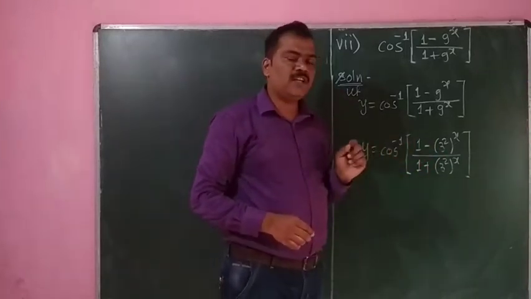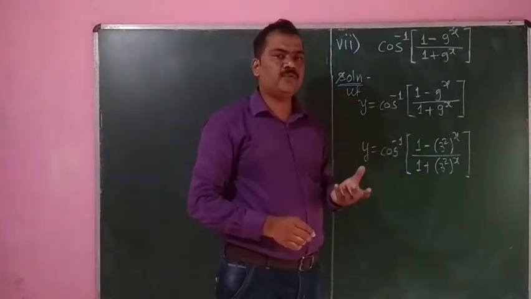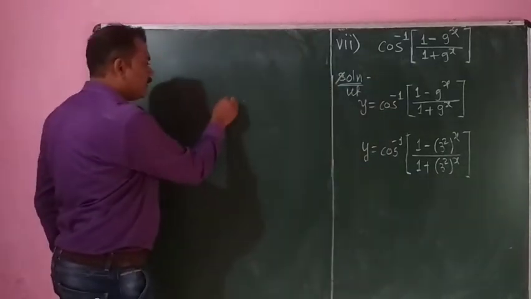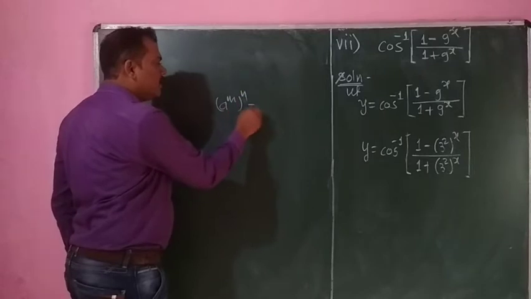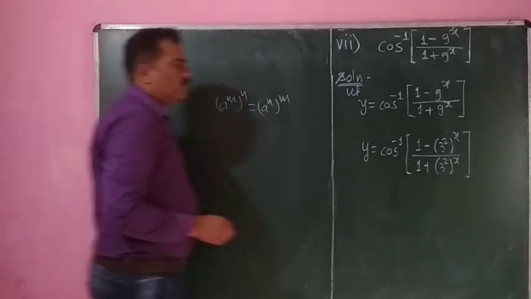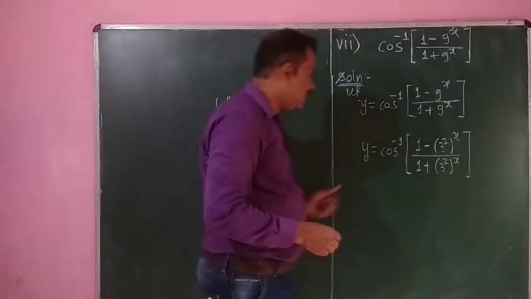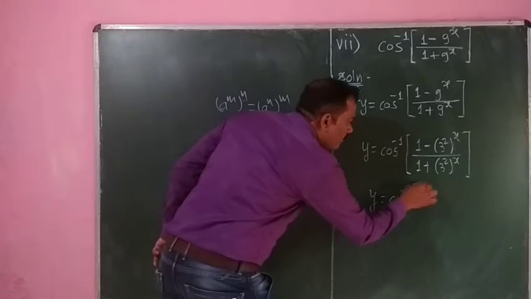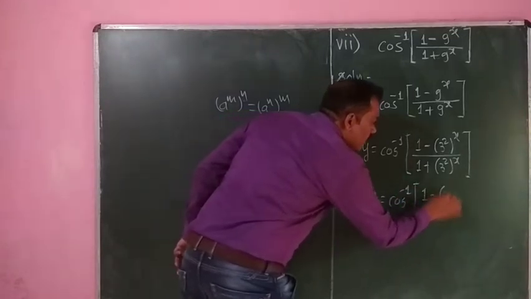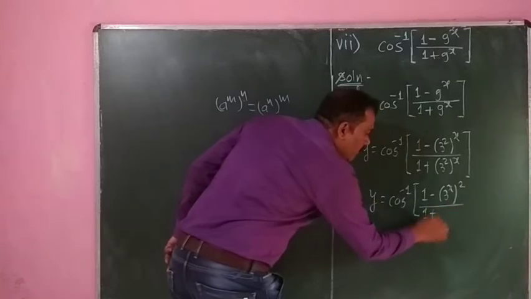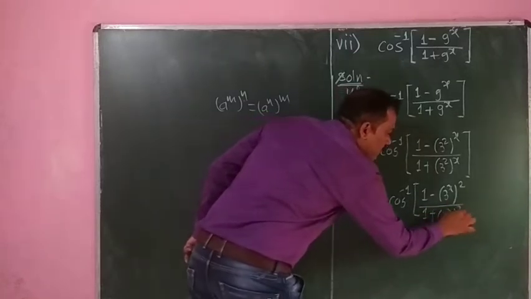Again by using the laws of indices, a raised to m raised to n can also be written as a raised to n raised to m. So we have to interchange this 2 and x, so that we get y is equal to cos inverse of 1 minus 3 raised to x bracket square divided by 1 plus 3 raised to x bracket square.